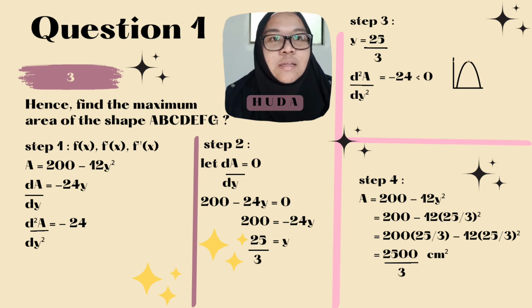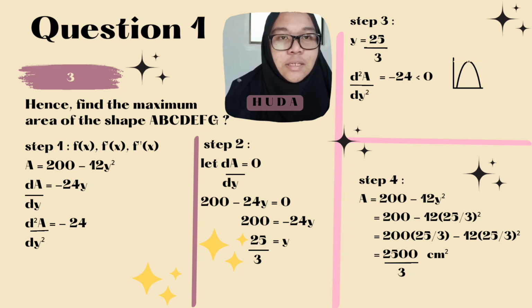And then the next is 200 minus 24y is equal to 0. And then 200 is equal to 24y, and we get y equals 25 over 3.